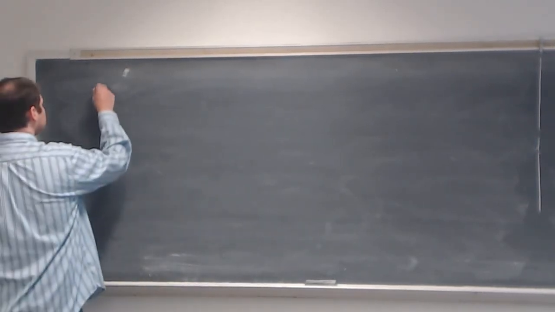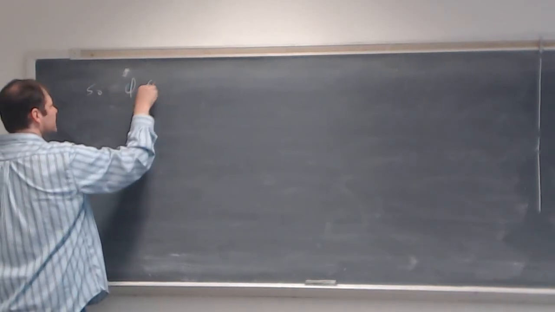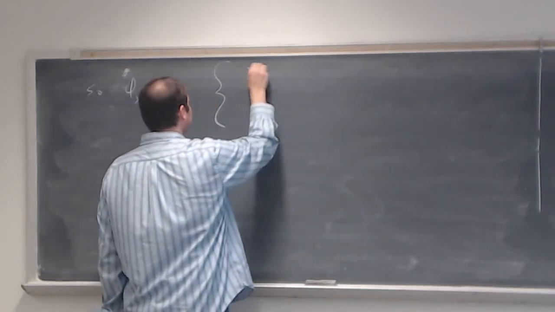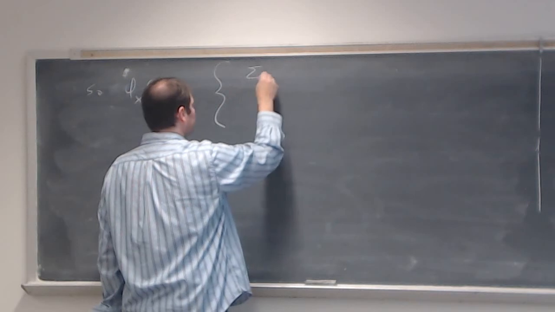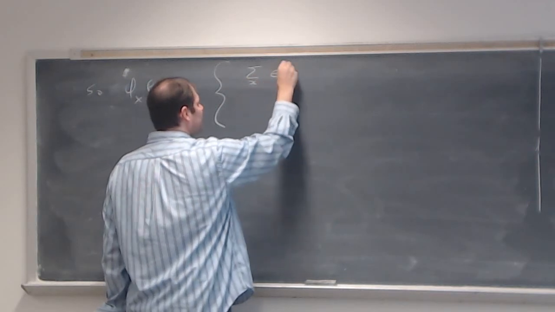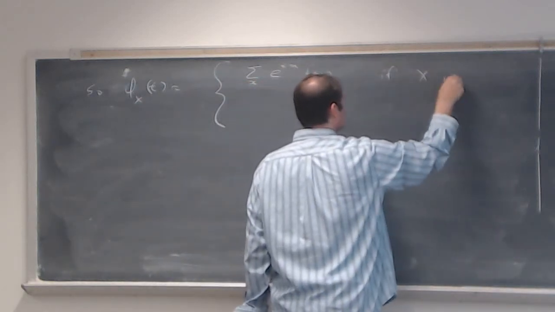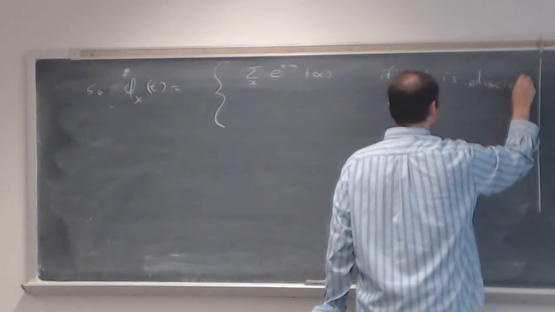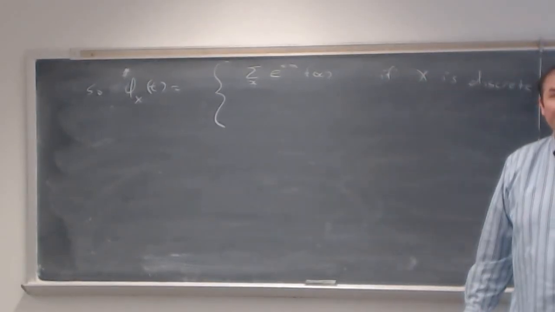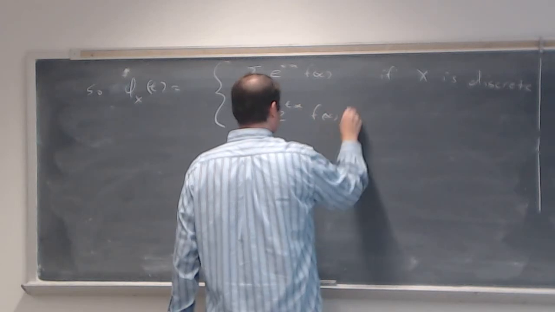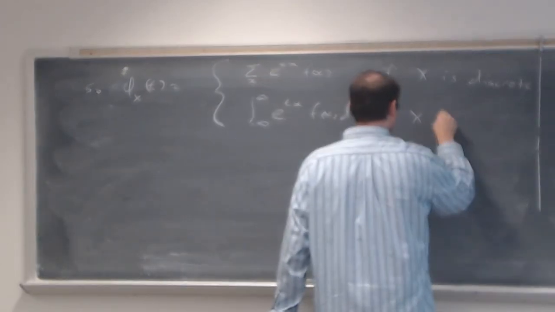So phi sub X of t can be defined, depending upon whether X is discrete or continuous, as the sum over all x values of e^(tx) f of x, where X is discrete, and of course f of x will mean the PMF of X. And it's equal to the integral from minus infinity to infinity of e^(tx) f of x dx, if X is continuous.